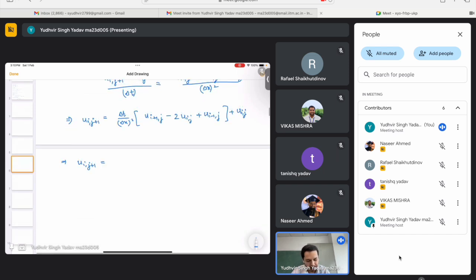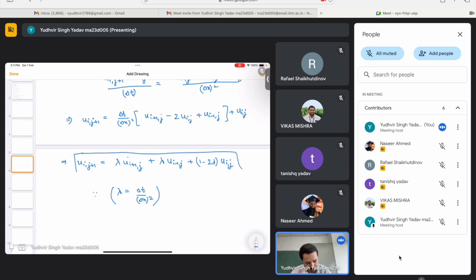If we substitute delta t by delta x square as lambda, then the explicit scheme is, plus lambda times u(i-1, j) plus (1 minus 2 lambda) u(i, j).